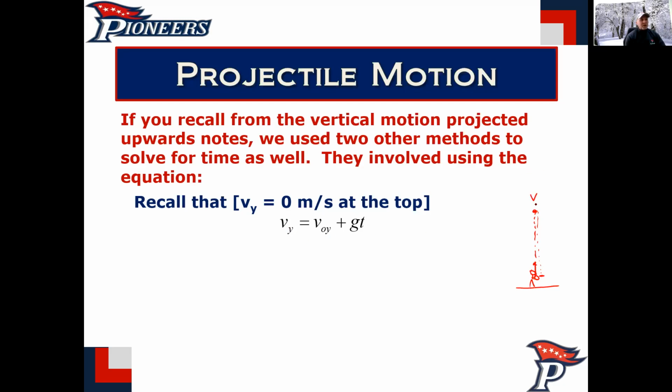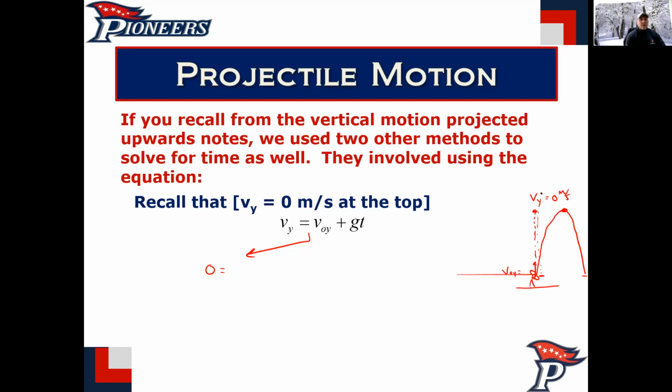Well, because one of the things we talked about was that at the very top, the final velocity is 0, right? The initial velocity here is the value that we're launching it up with. And so if we make this equal to 0, whether it does this or goes like this, the Vy value at the top, we talked about this last class, is also 0.